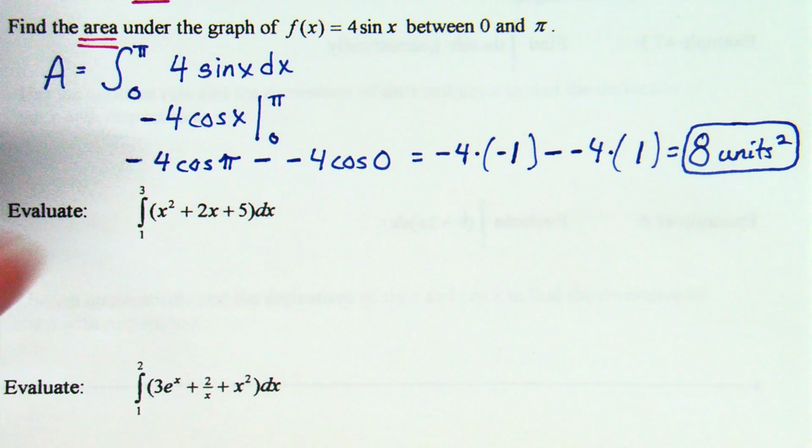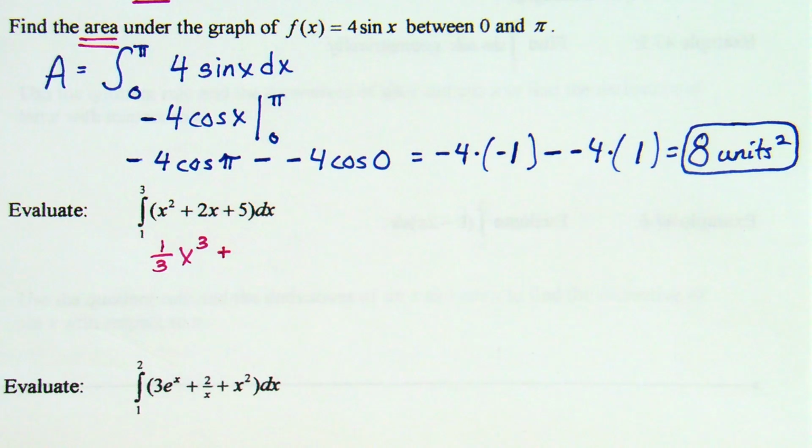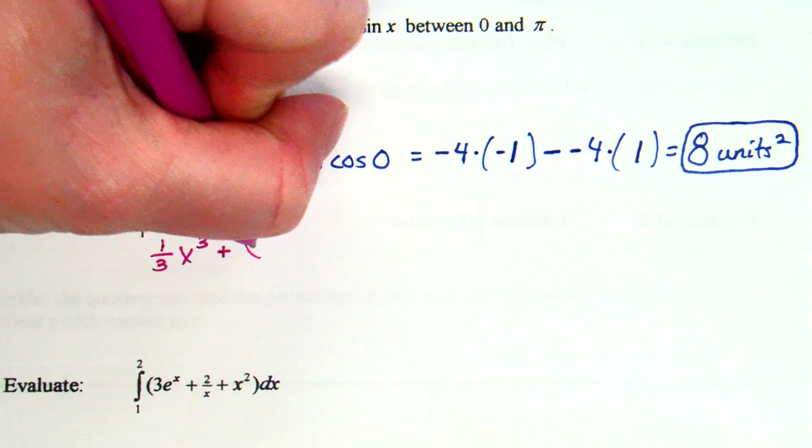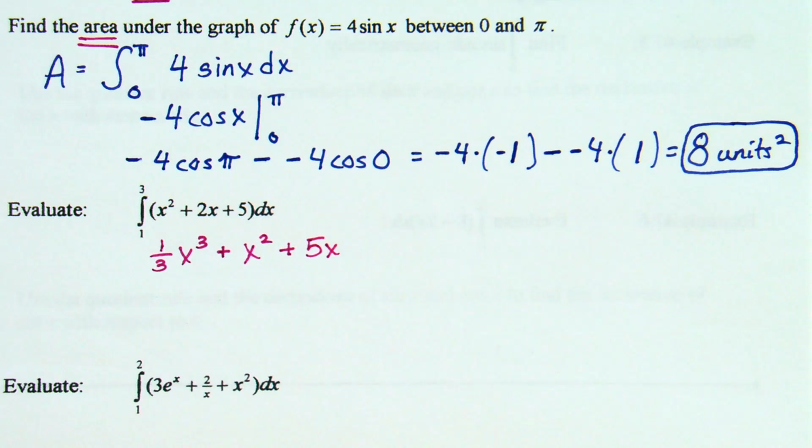You add 1 to the power and divide by the new power. So 1/3 x cubed, or x cubed over 3. Plus integral of 2x. Add 1 to the power, divide by the new power. Makes it x squared. Plus the integral of 5: 5x.